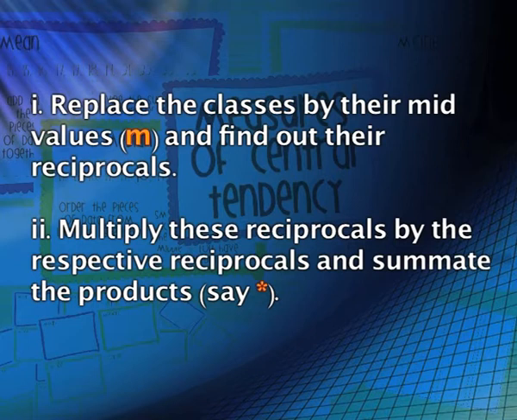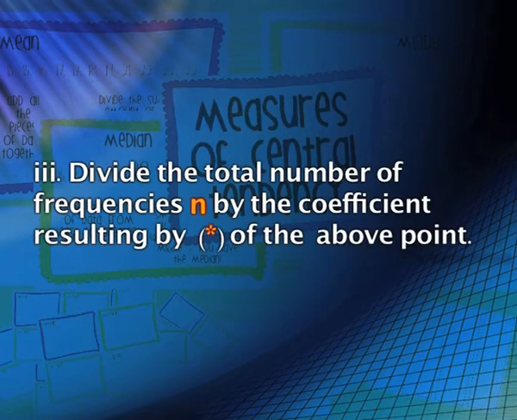Second, multiply these reciprocals by the respective frequencies and sum the products, say star. Third, divide the total number of frequencies n by the result of the star in the above point.